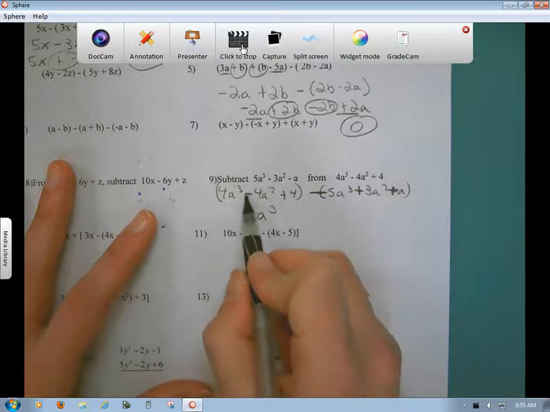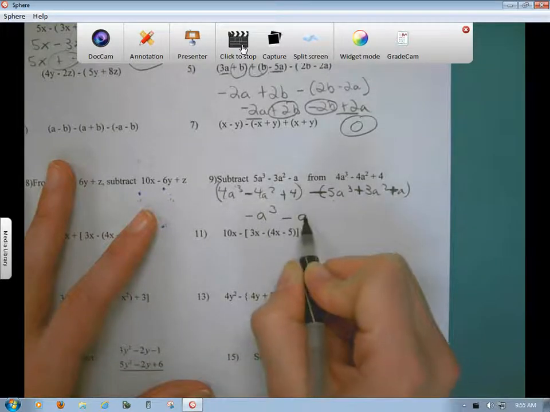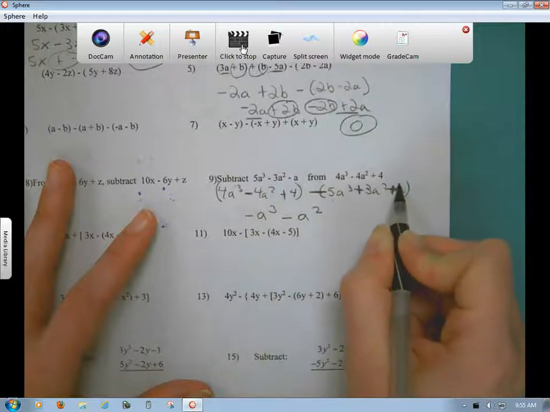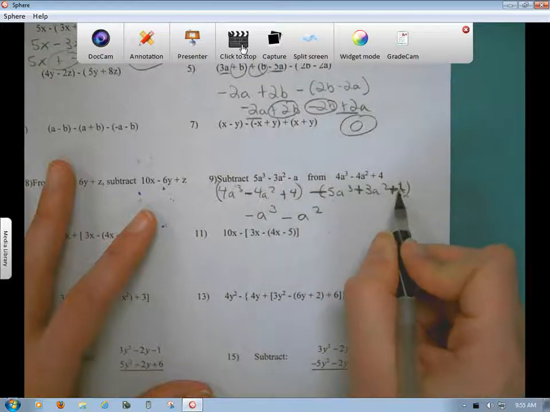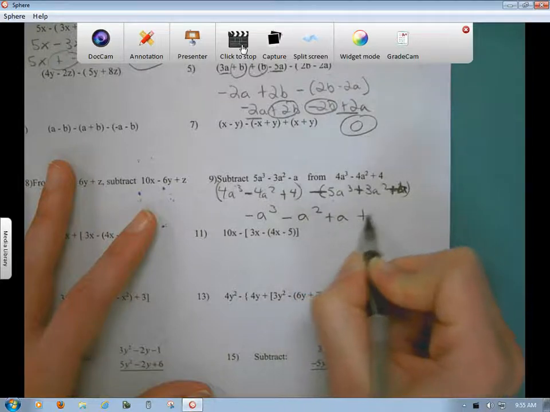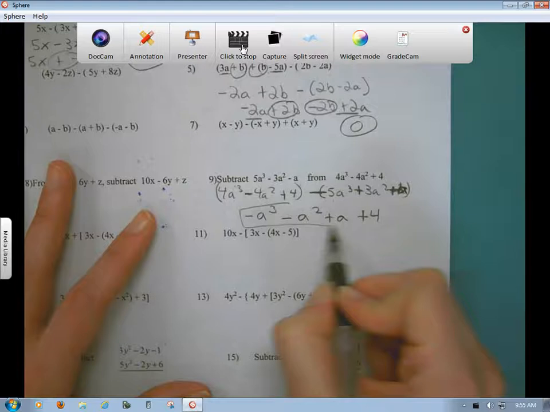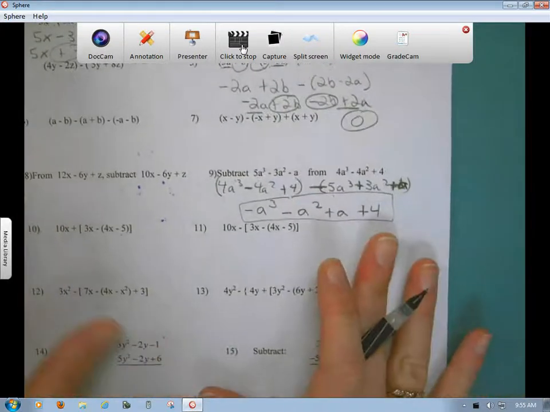Negative 4a squared plus 3a squared is a negative a squared. And this was an a. Then the a comes down that they combine it with, and the 4 comes down. So that's my answer.